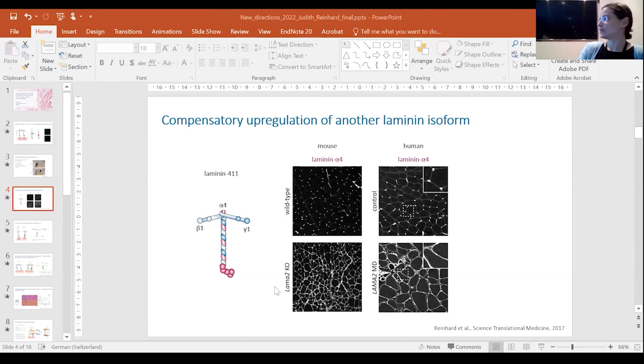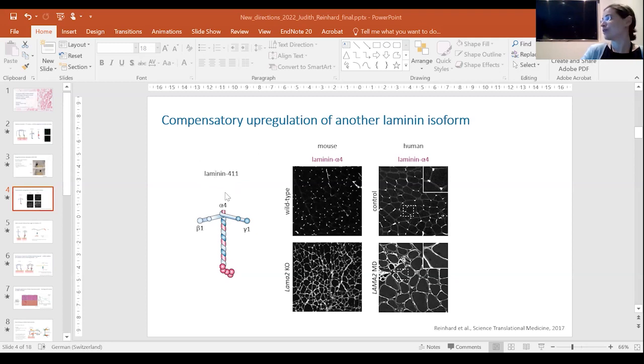Now we observe that in mice that don't have laminin 211, and also in all the patients that have mutations in the laminin alpha 2 gene, one finds this laminin 411 protein present at the extracellular matrix of the muscle fiber. So this demonstrates that when laminin 211 is not there, actually the muscle tries to make a solution for it and produces this laminin 411 protein.